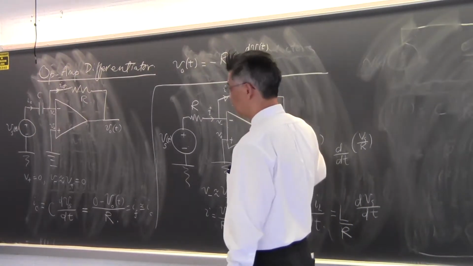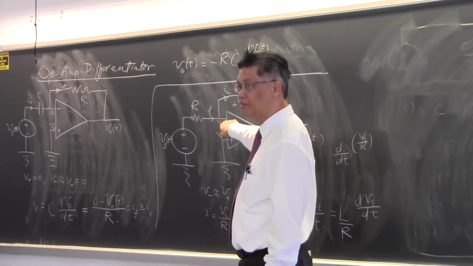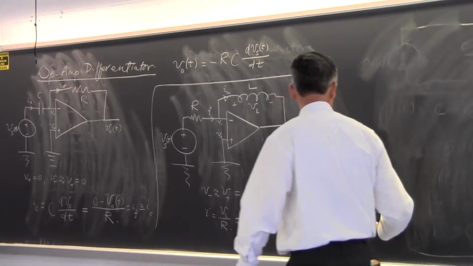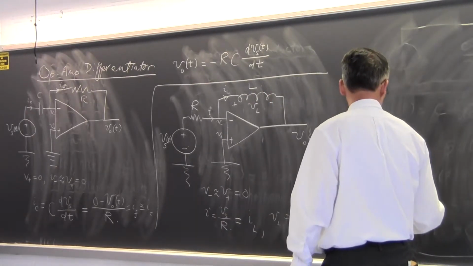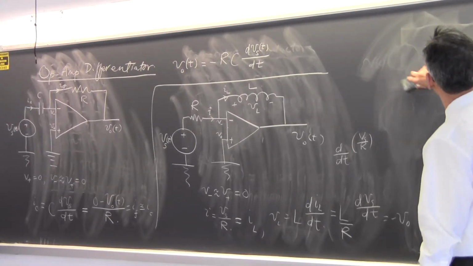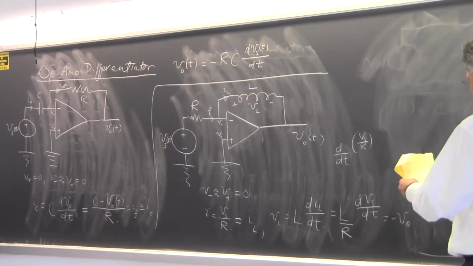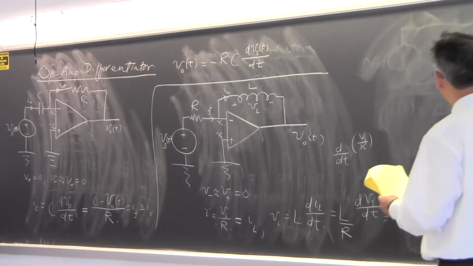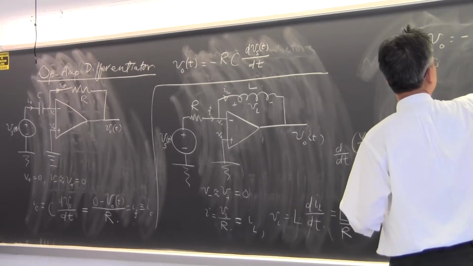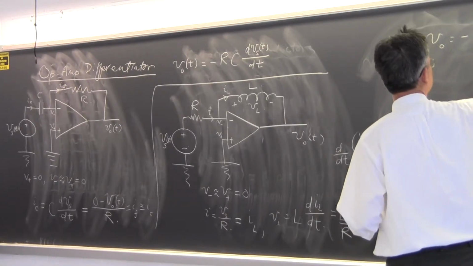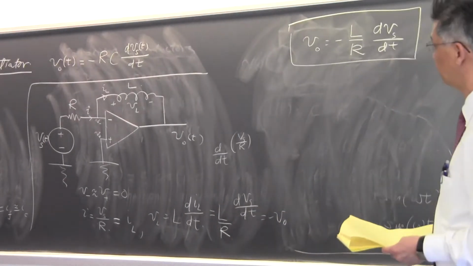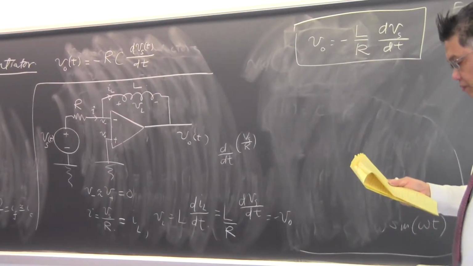VL is the voltage drop in this direction. This is almost 0 volt. So VO is just the voltage in that direction. So this must be equal to minus VO. VL and VO are just related to each other by a negative sign. So finally, I have the fact that VO must be minus L over R dVs/dt. This is the differentiator relationship for this inductor circuit.